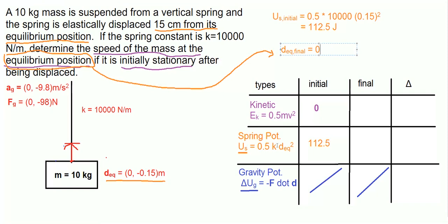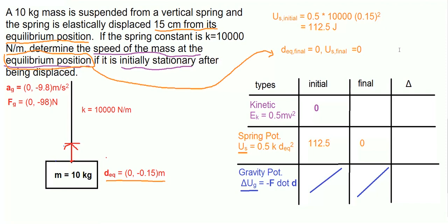If in our final state our displacement from equilibrium is 0, our spring potential in the final state must also be 0. Because if we take 1/2 times k times the displacement from equilibrium, and the displacement from equilibrium is 0, we're going to get 0 here. So you can actually fill in the final amount of spring potential. It's just going to be 0.